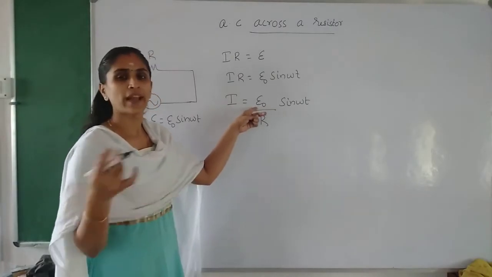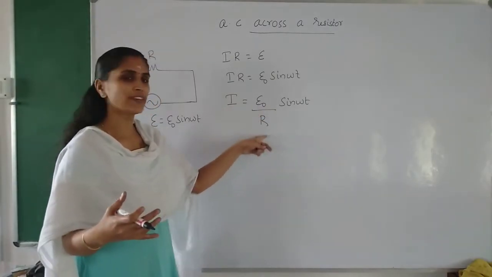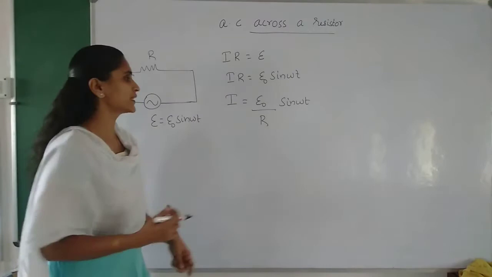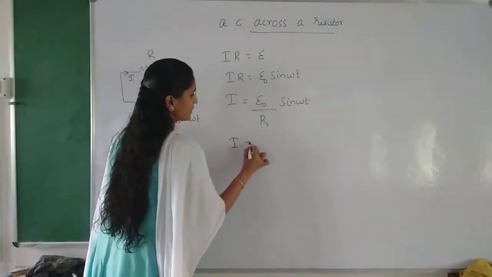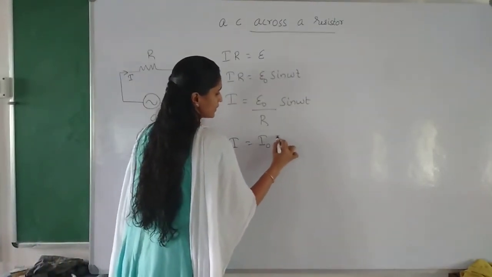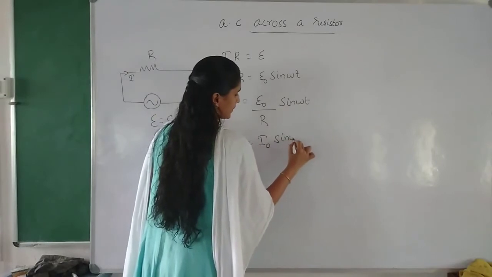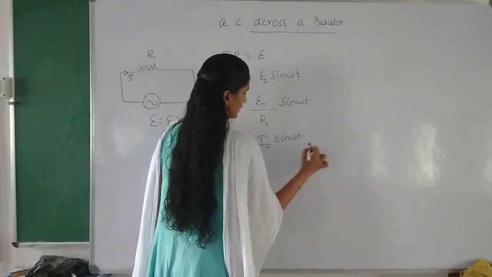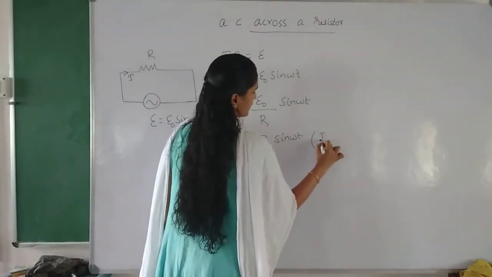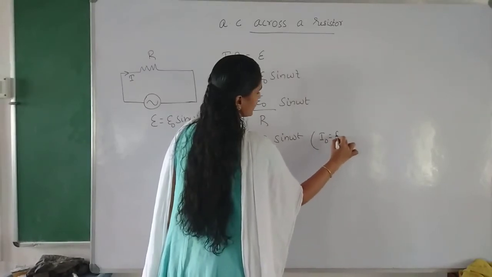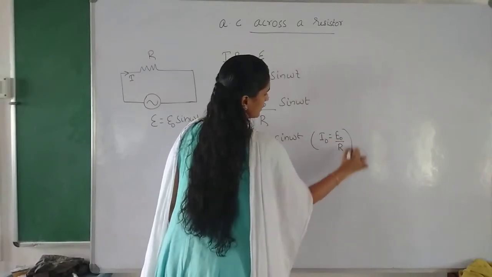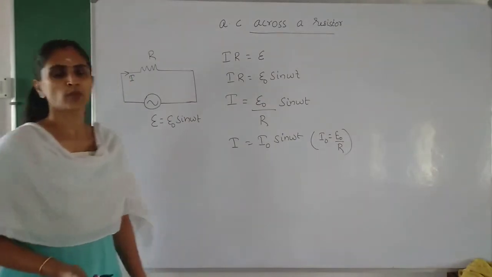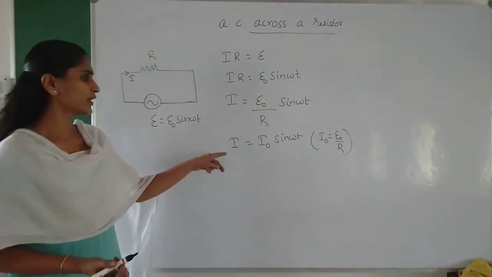E0, the peak value of voltage, is constant, and for a given circuit the resistance is also constant. So we can write this as I0 sin omega t, where I0 is equal to E0 by R. So we got the relation.